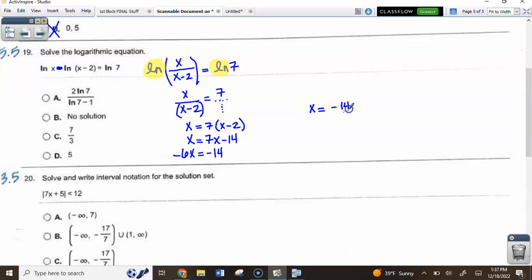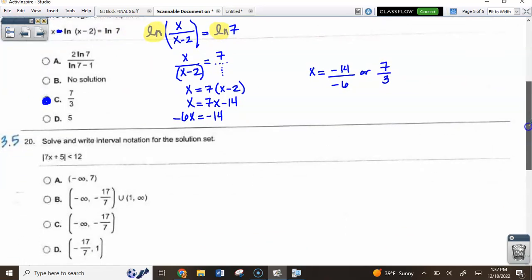So you end up with negative 14 over negative 6, which becomes positive 7 over 3. And you can type that left side in your calculator and then type the right side in your calculator, and you can confirm that you'll get the same decimal to check yourself.